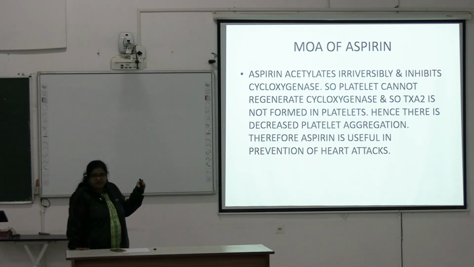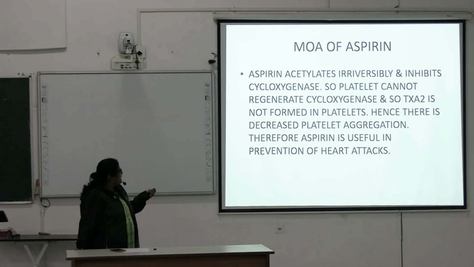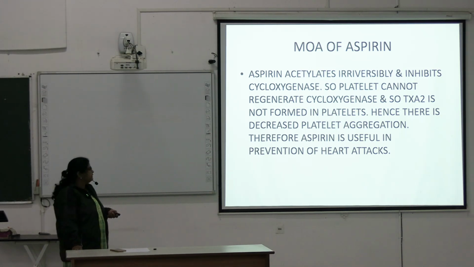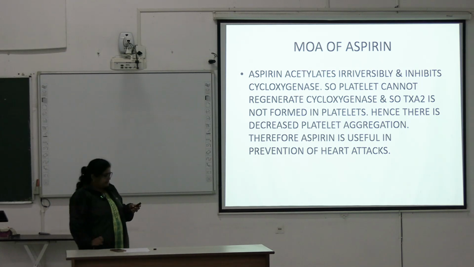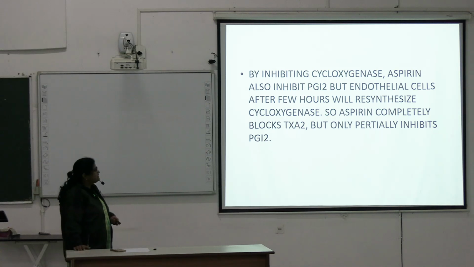And the most important is the mechanism of action of aspirin. It irreversibly inhibits the cyclooxygenase enzyme by acetylation of the enzyme. So thromboxane A2 cannot be resynthesized, so there is no platelet aggregation, and thus it prevents the heart attack. It also inhibits prostacyclins, but endothelial cells after a few hours will resynthesize this cyclooxygenase.